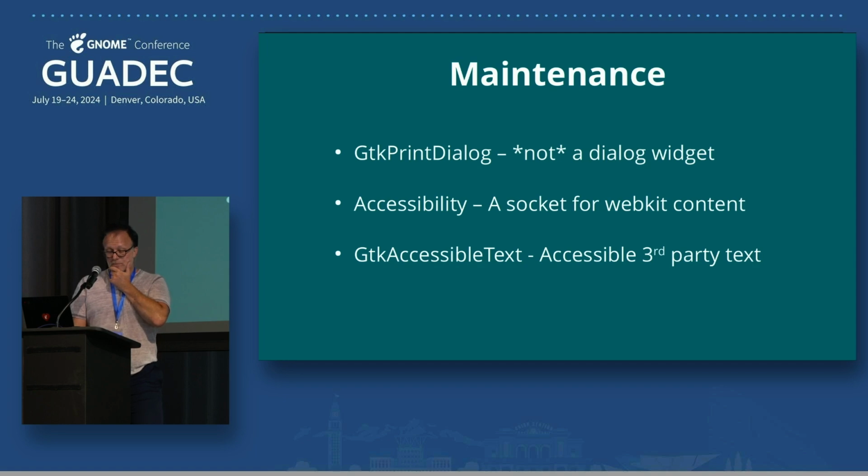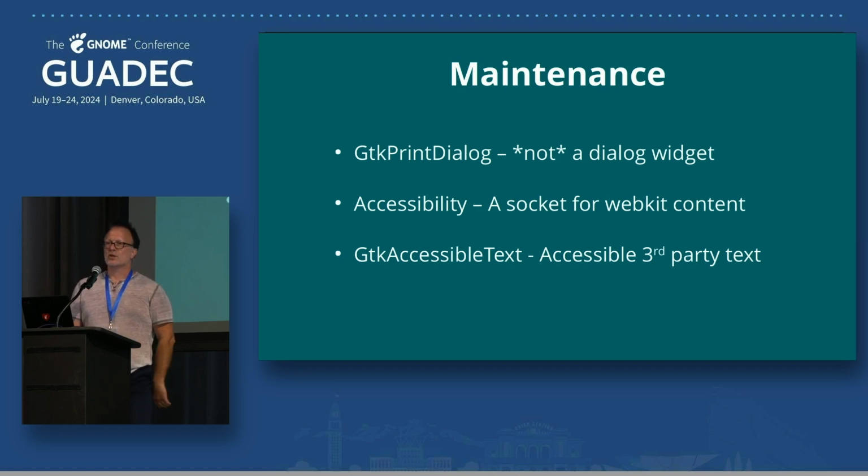Right, we also had some gaps in our accessibility story that we closed over the last year. The first item here is that we got a socket that lets WebKit graft the accessibility tree for the web content on top of the GTK accessible tree for the Chrome.